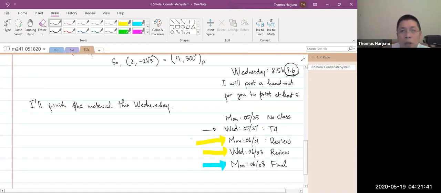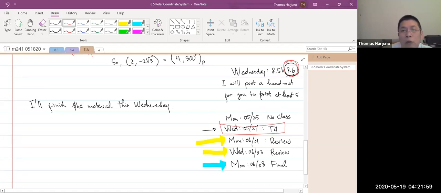Okay, so we agree that our test 4 will be on Wednesday, the 27th. This Wednesday, I will do graphing of the polar coordinate system. That's for today.